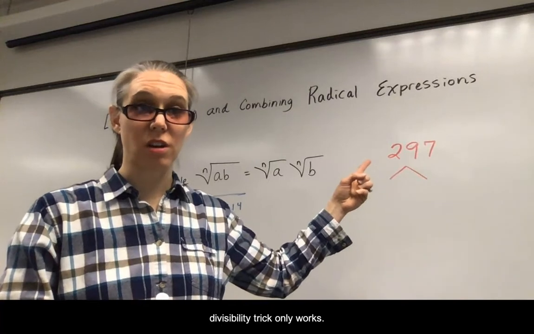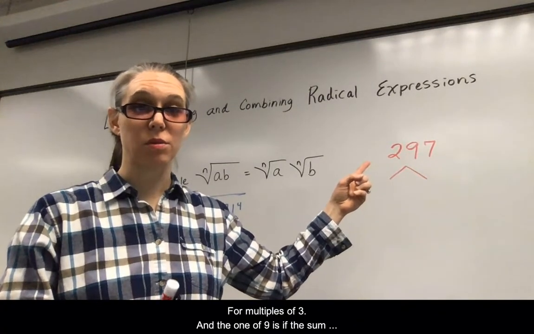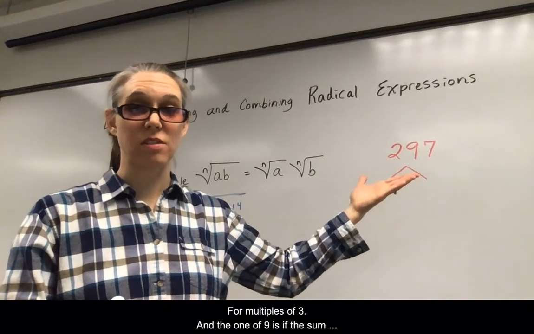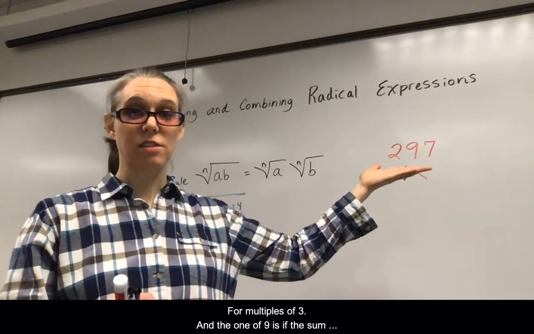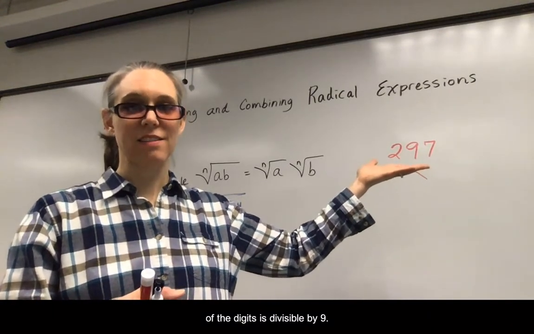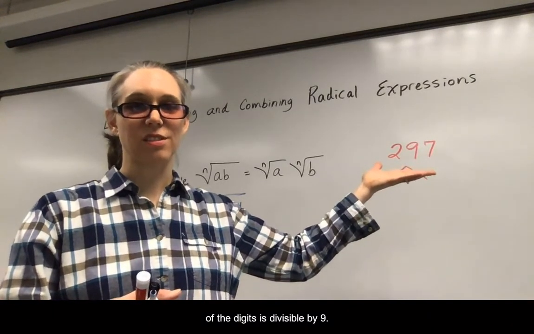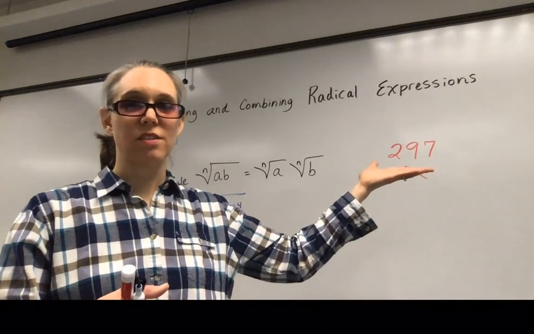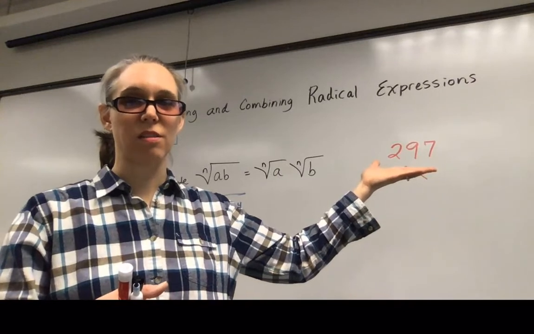This divisibility trick only works for multiples of 3. And the one for multiples of 9 is if the sum of the digits divides by 9. So as it turns out, since 18 is divisible by both 3 and 9, this number 297 is also divisible by 3 and 9. So what is 297 divided by 3?